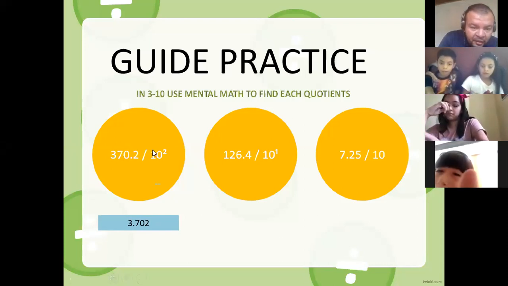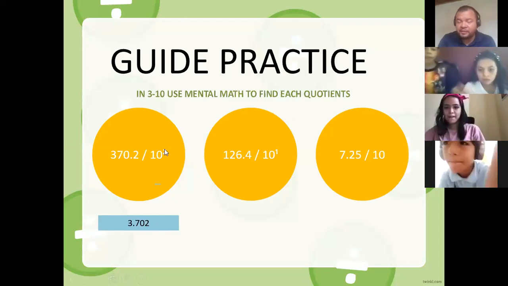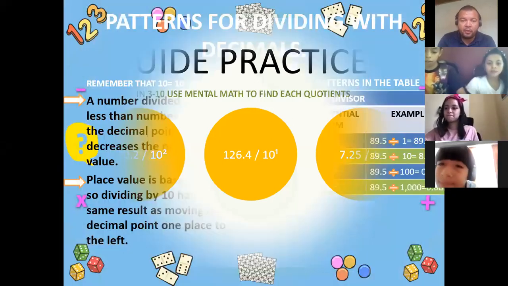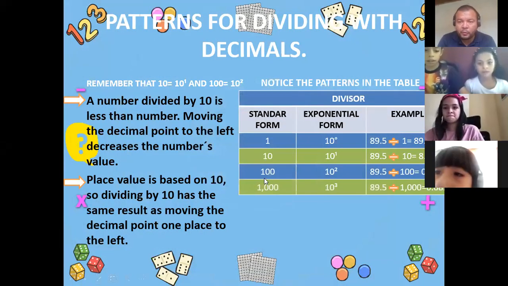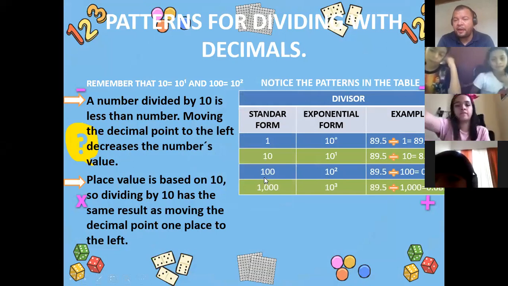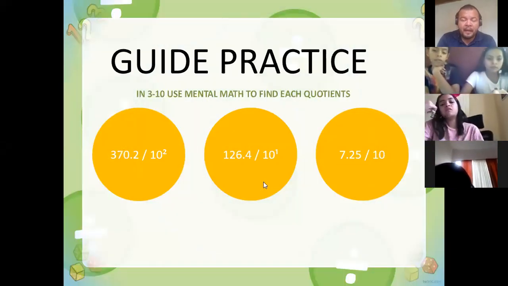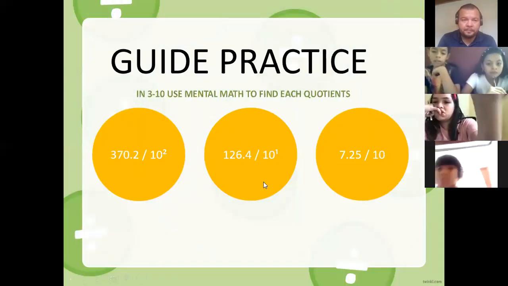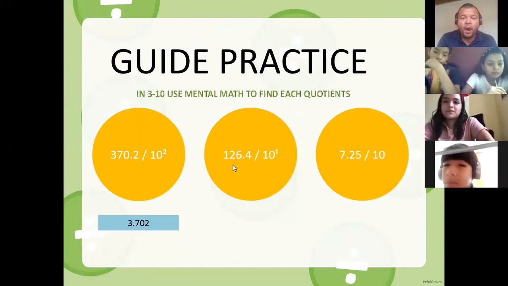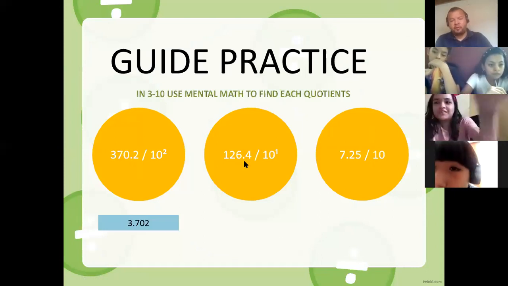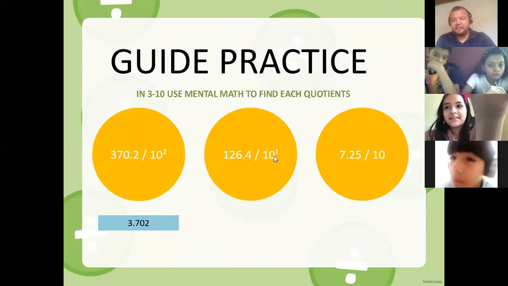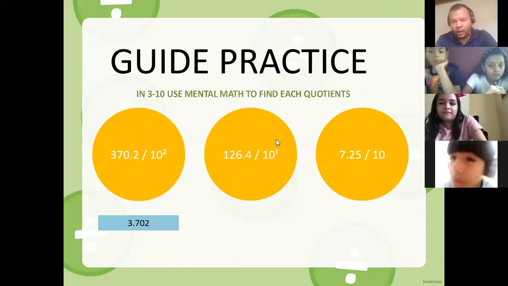Remember, when you have 10 exponent 2, it's equal to 100. So you will divide it by 100. The number 2, 126.4 divided by 10 exponential 1.